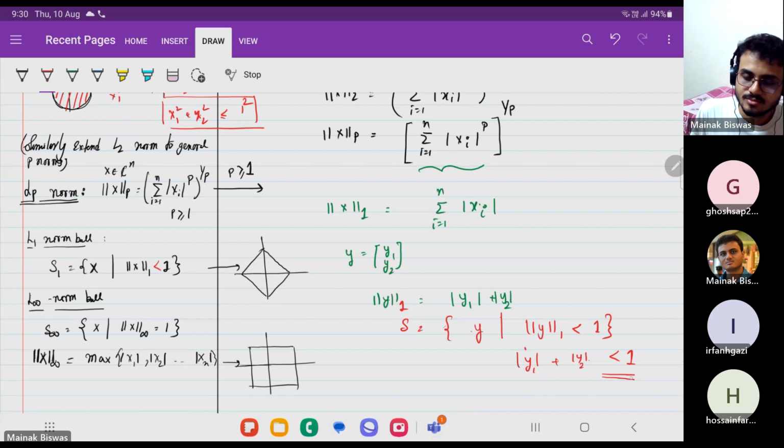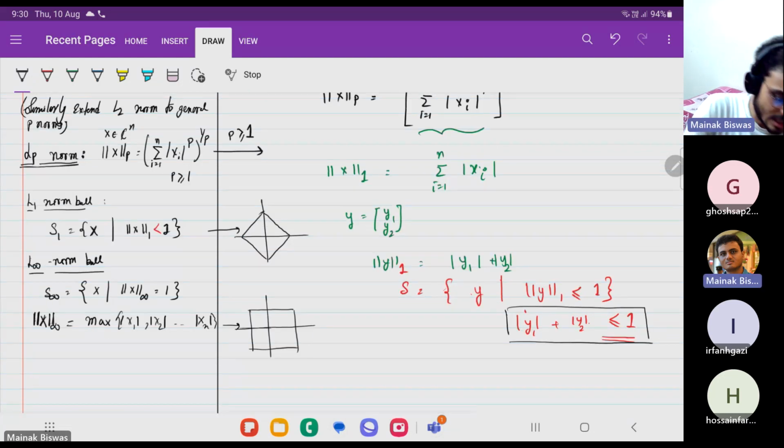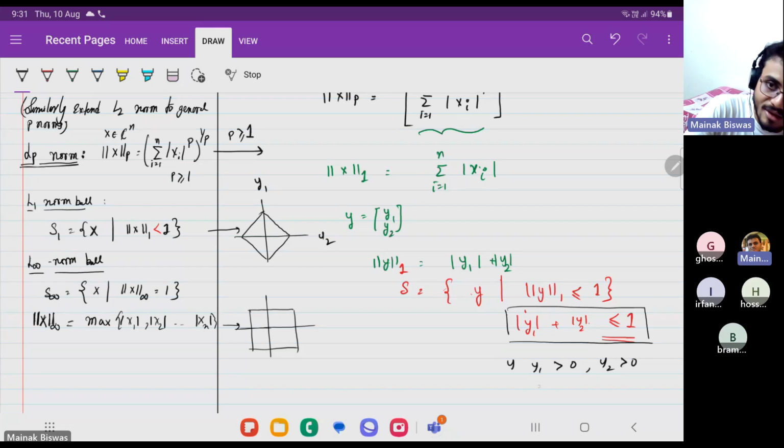Correct? So if this is less than 1, what does it mean? What are the equations that you will have? If y1 greater than 0 and y2 greater than 0, you will have y1 plus y2 less than or equal to 1. Do you agree this is this line?